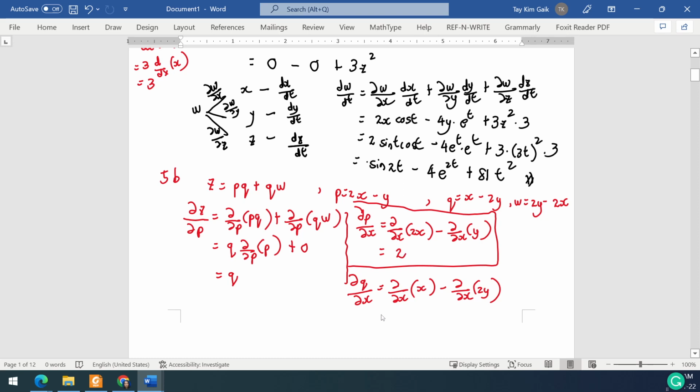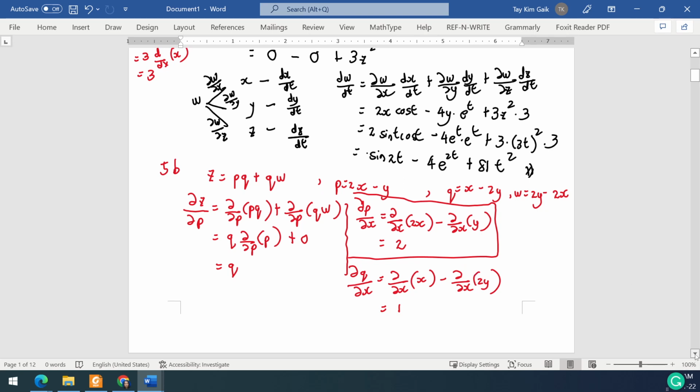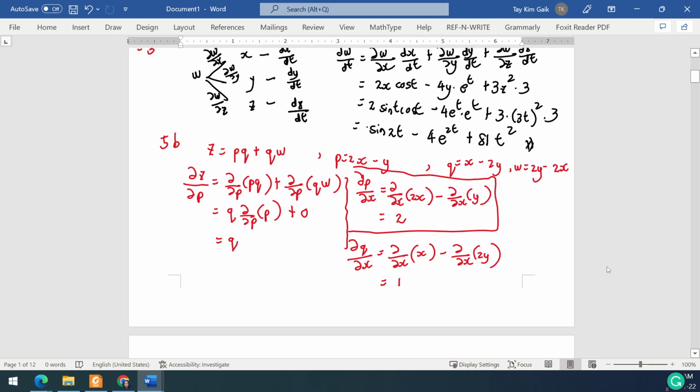So del x of x, like ddx of x power 1, what do you get here? 1. Yes, correct. And then del x of 2y, where the 2y is constant, 0.